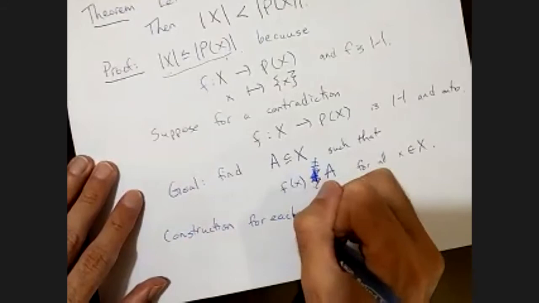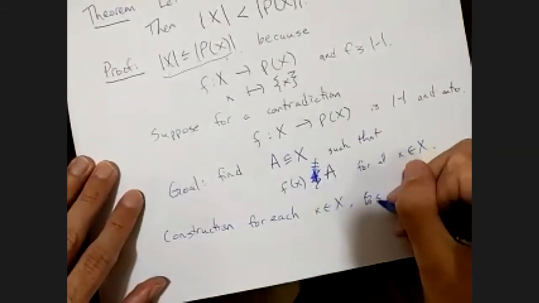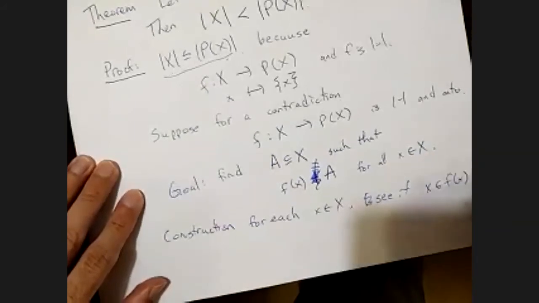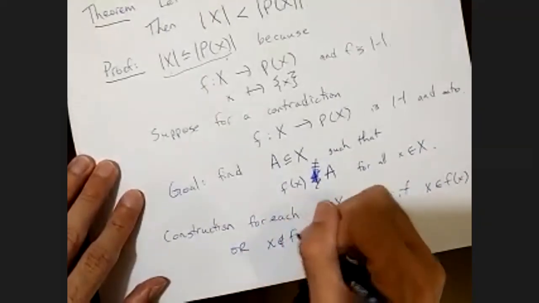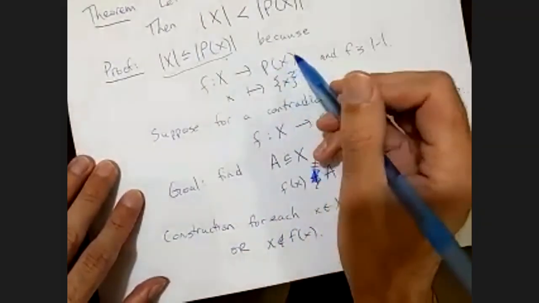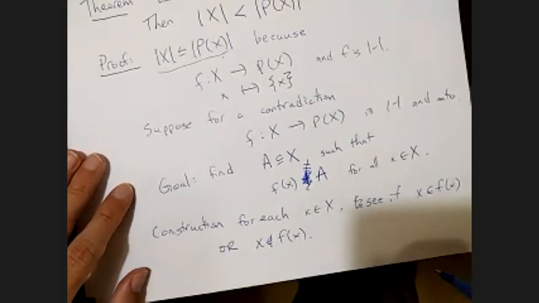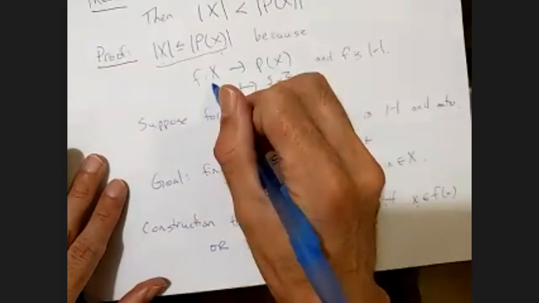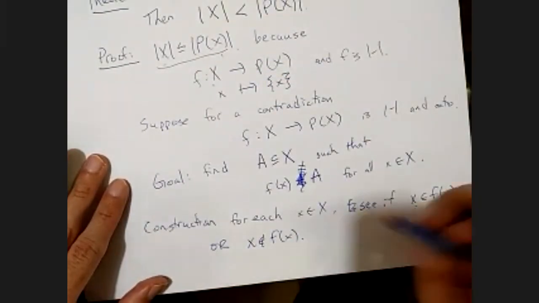For each x in X, let's see if x is in f of x, or the other possibility is that x is not in f of x. f of x is always a subset of X, and subsets of X consist of elements of X. x is an element of the set X. We just ask, is it true that x is in f of x, or is it not true?